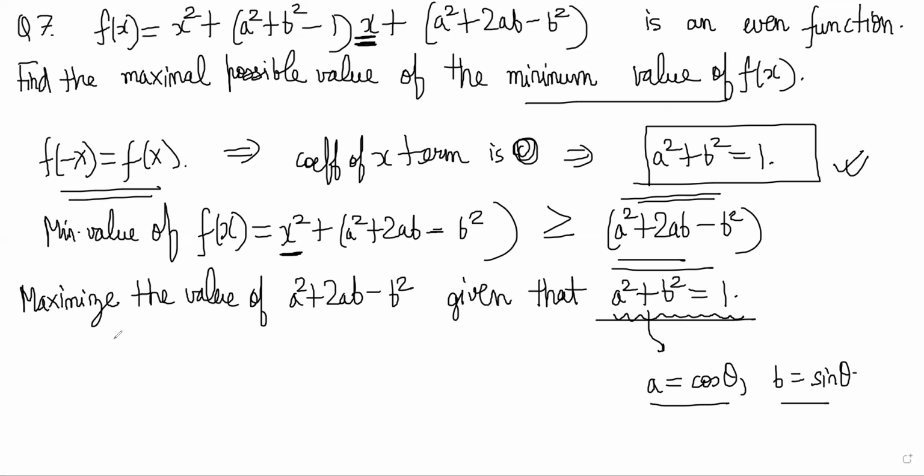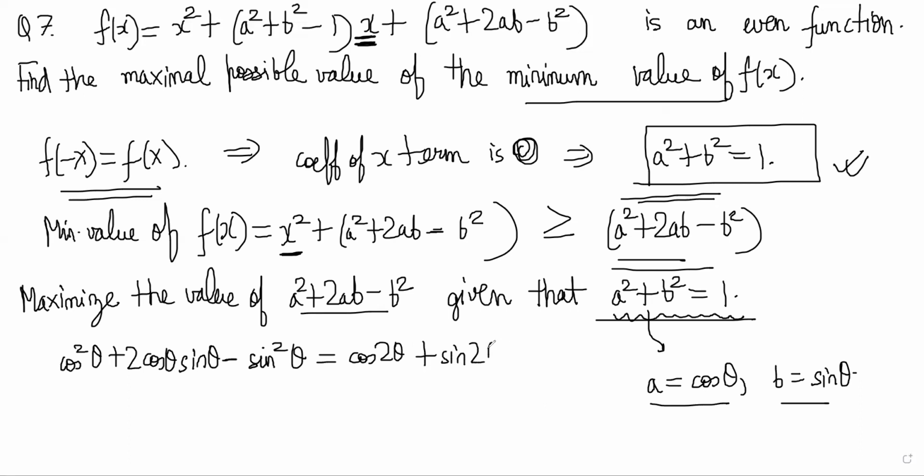So if you do that, you will get cos square theta plus 2 cos theta sin theta minus sin square theta as the value of this expression. And this is basically cos 2 theta plus sin 2 theta. Using the trigonometric identities for double angles, cos 2 theta plus sin 2 theta is less than or equal to root 2.